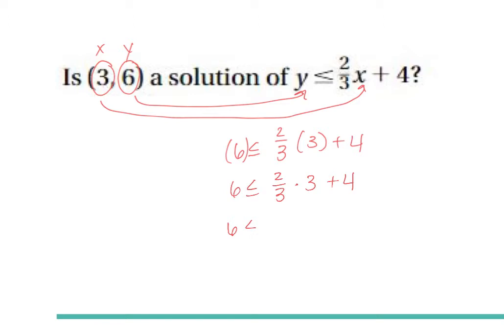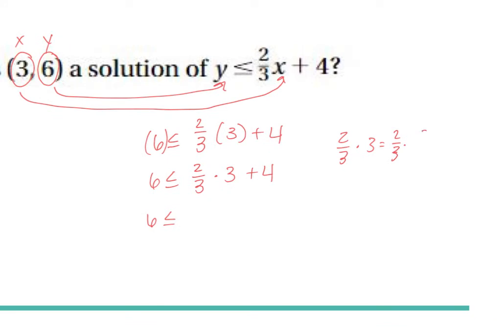Because remember, 2 over 3 times 3 is the same as 2 over 3 times 3 over 1, right? We multiply the 2 and the 3 together. We multiply the 3 and the 1. We get 6 over 3.